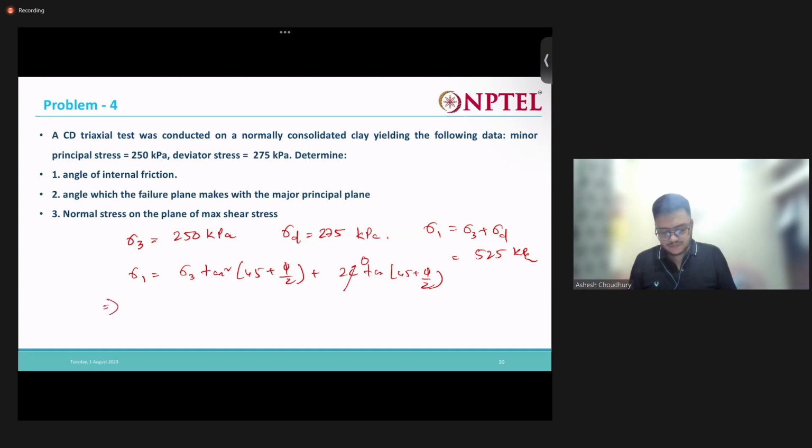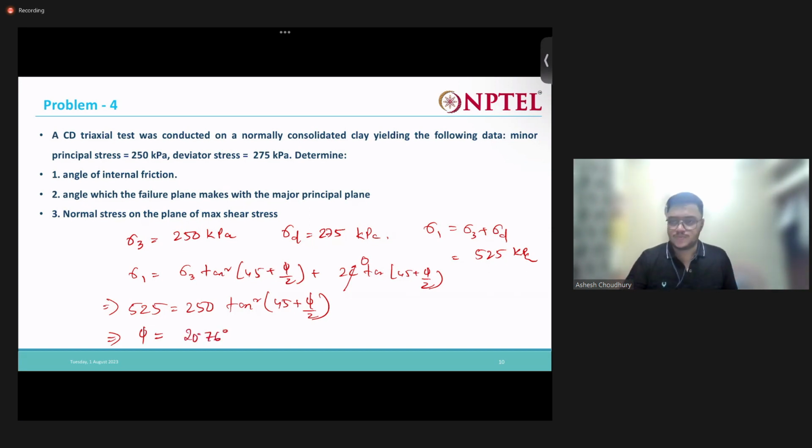So we can put all the values, 525, 250, and phi will be 20.76 degrees. So we can get the phi from here.